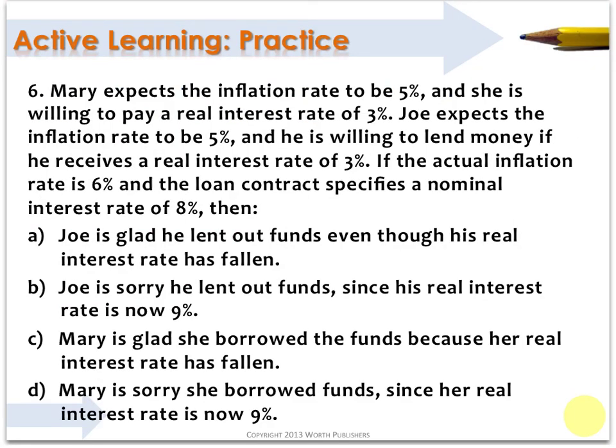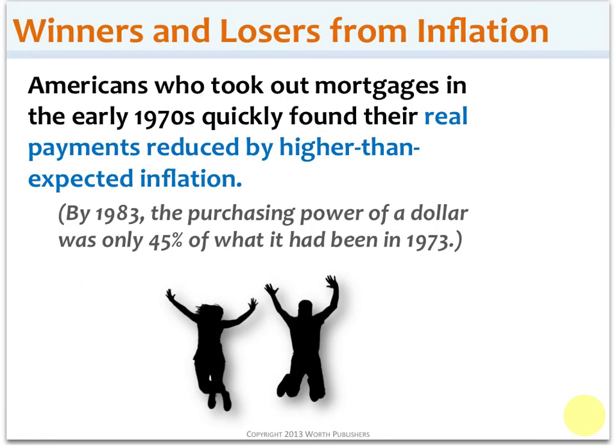Here's a little bit of practice to get you thinking about this, and a little historical example. In the 70s, remember we looked at that graph where we saw inflation bouncing around quite erratically. We found that people that borrowed money at the beginning of the 70s gained quite a bit because as inflation took off, real interest rates fell dramatically.